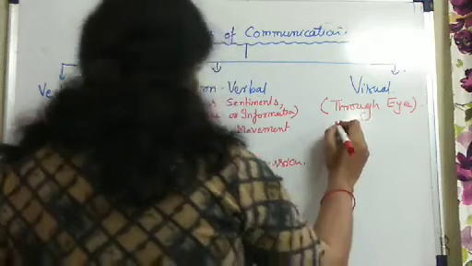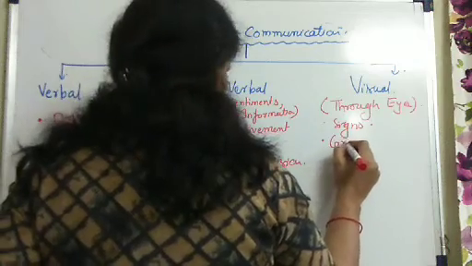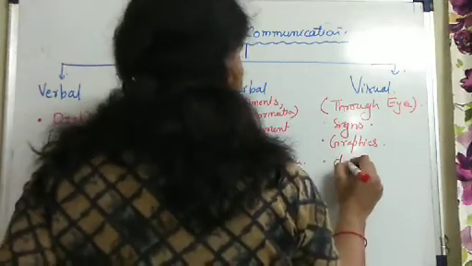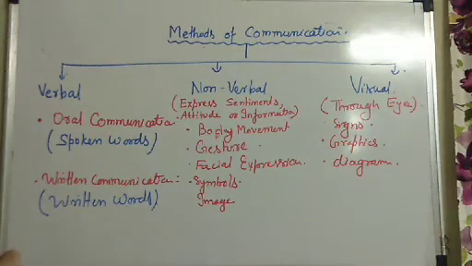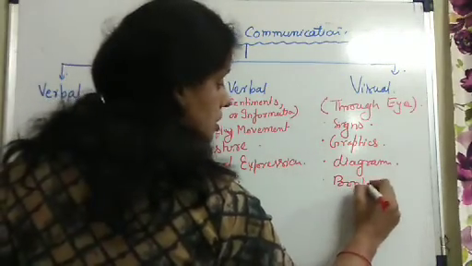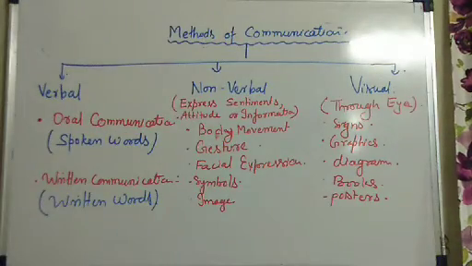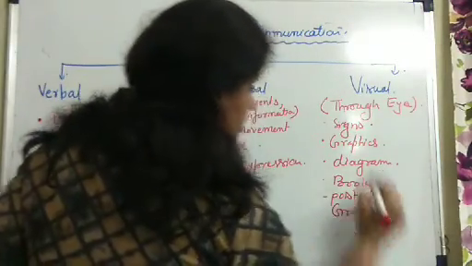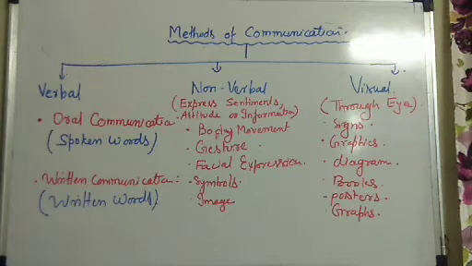It includes signs, graphics, diagrams, books, posters, organization charts and any type of graphs. Anything we can see through our eyes comes under visual communication.